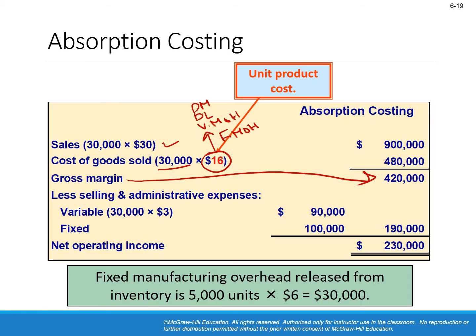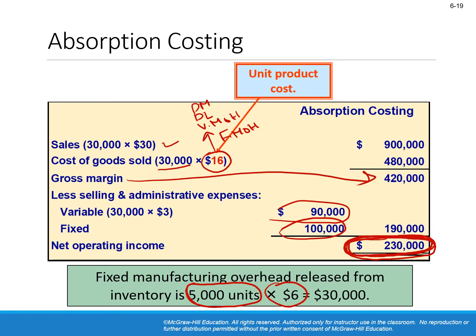Then you deduct the variable and fixed selling and admin expenses, and you will get a net operating income eventually of $230,000. And as I told you, the difference between the 260 under variable costing and the 230 under absorption costing is due to the $6 that were deferred in the ending inventory in year 1 or the beginning inventory in year 2.